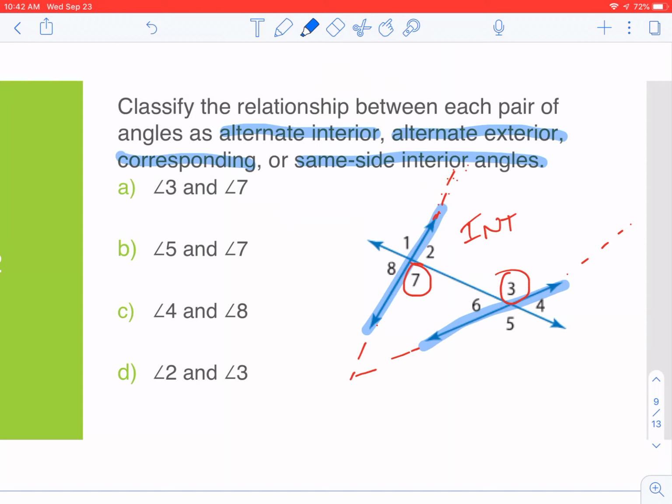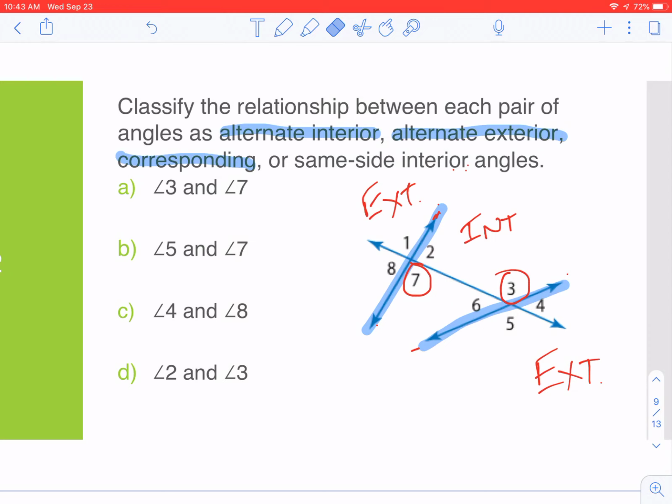And I abbreviated interior because you guys can abbreviate all you want. Then outside of those lines is known as the exterior. So you're going to want to label your picture. I'm going to erase these dotted lines just so it's not too messy. I'm going to keep that highlighted so that you can see exterior, interior.